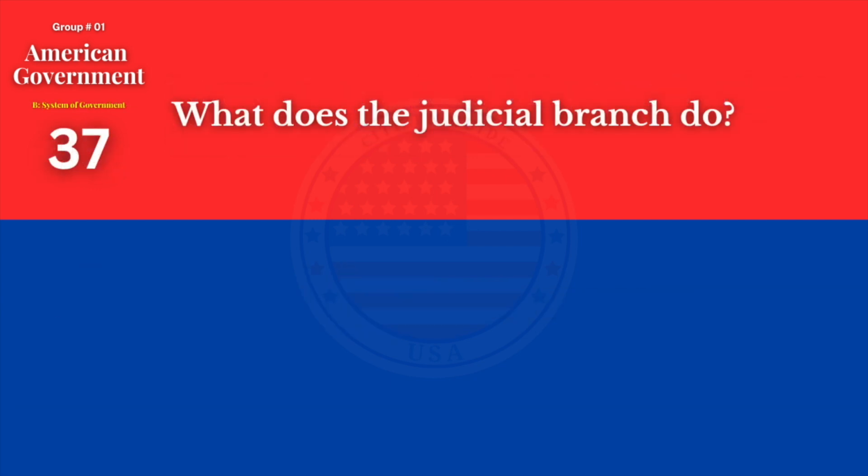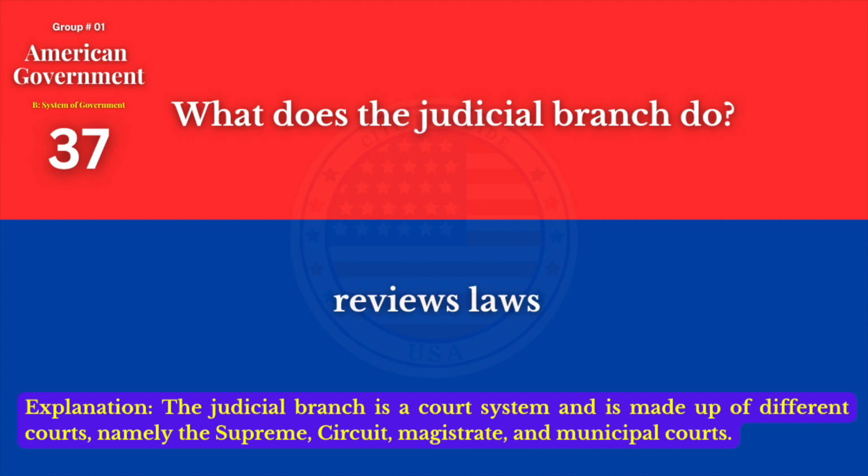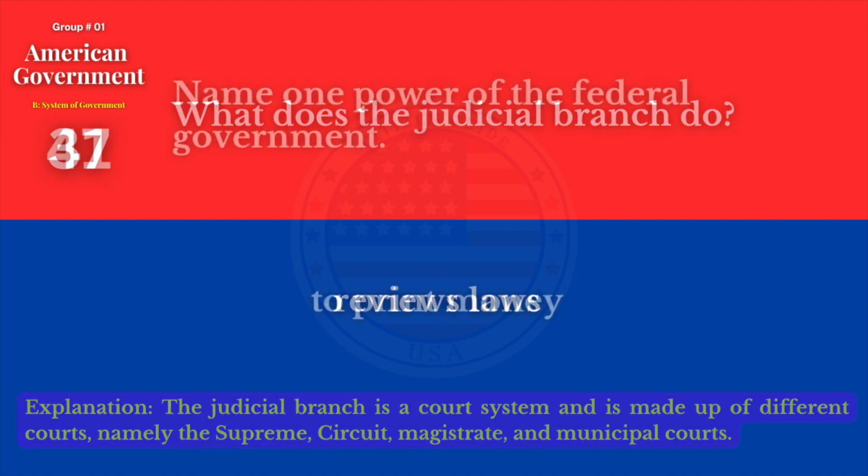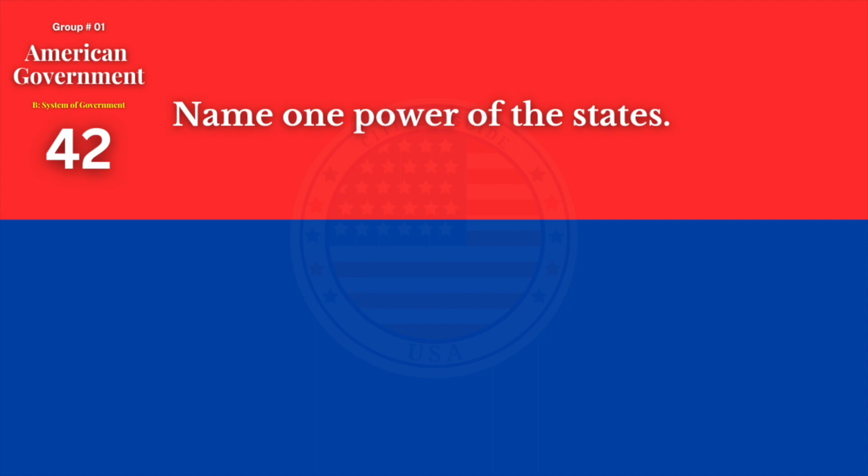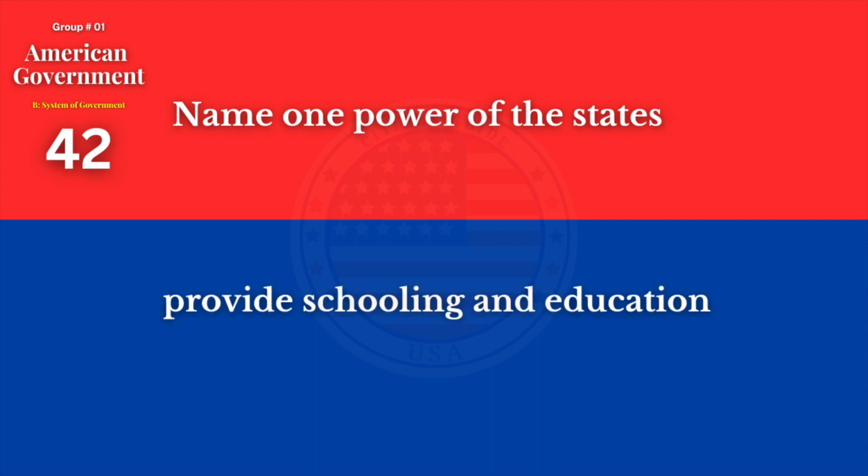What does the judicial branch do? Reviews laws. Name 1 power of the states. Provide schooling and education.